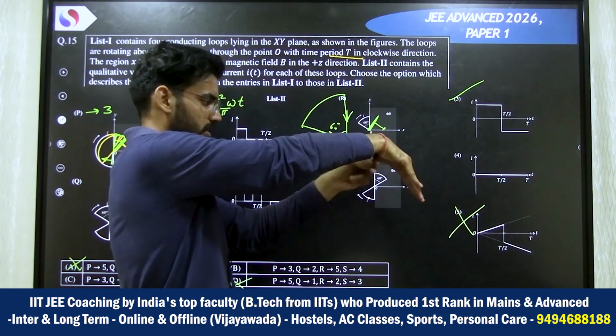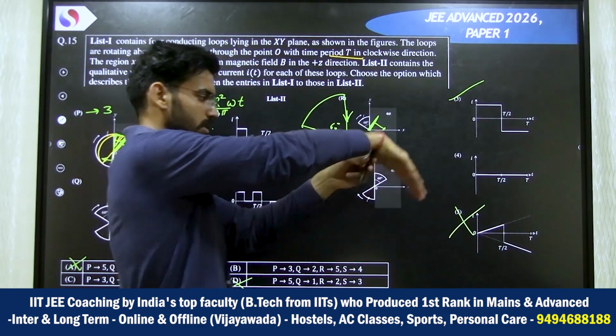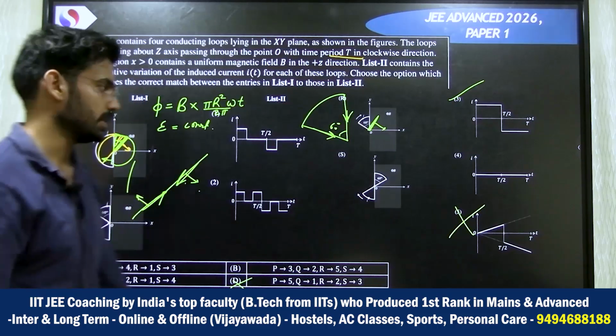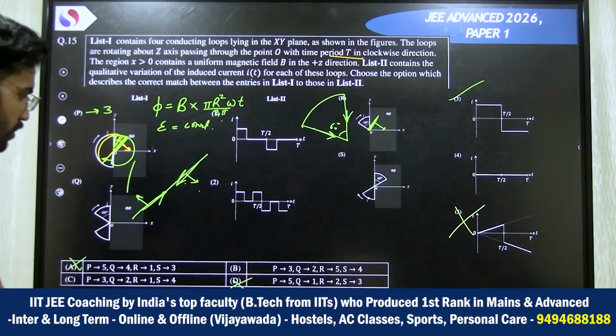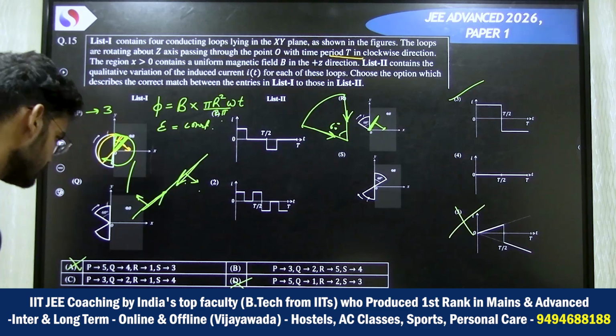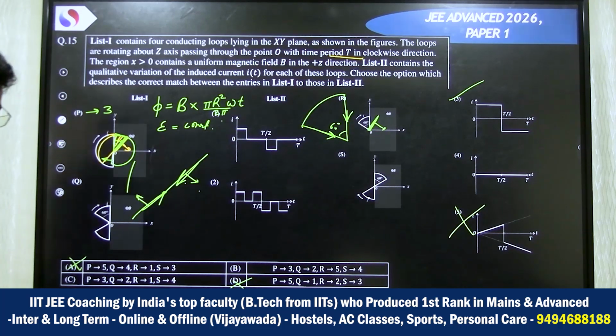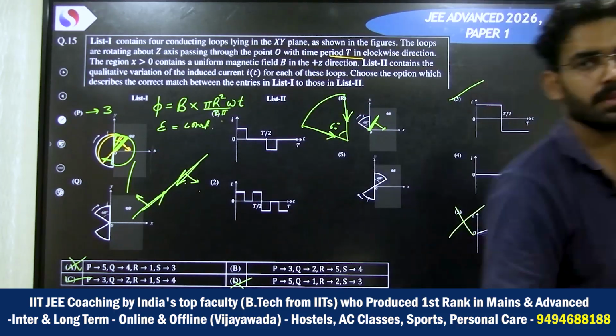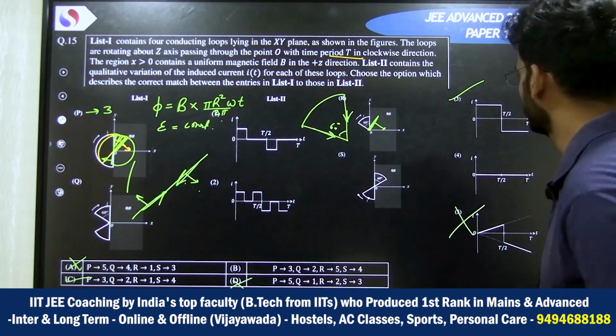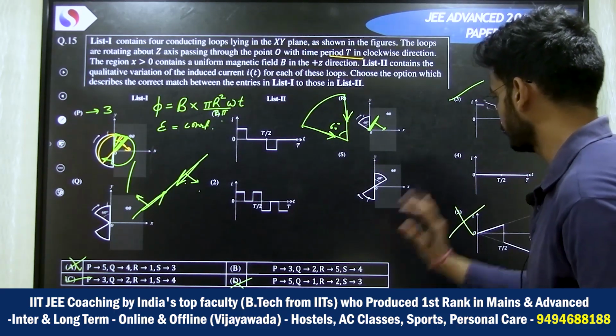When one came out and another is coming out, till that time there will be an EMF, right? So option 1, got it? So R has option 1, which means option C. Got the point? So this way, if you do it, you will be able to answer.